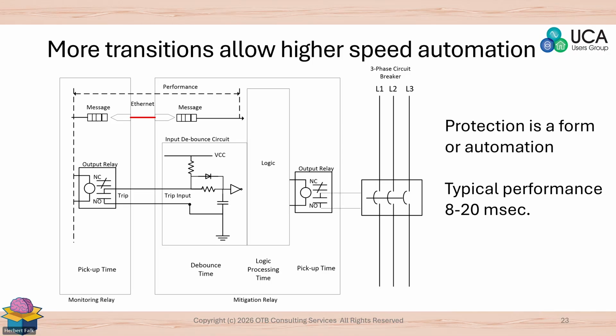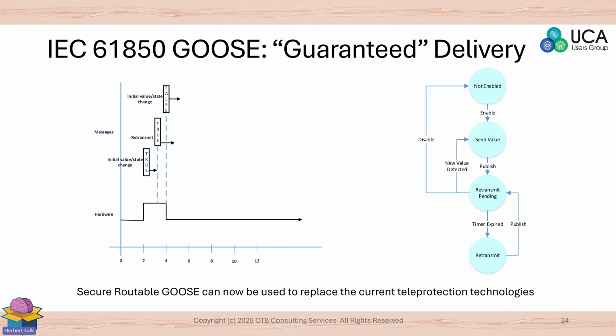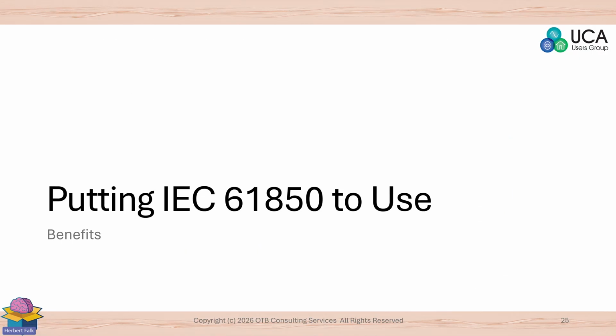GOOSE is guaranteed delivery, and I'm sorry for the email popping up down there. Secure routable GOOSE can also be used to replace current teleprotection technologies. GOOSE is guaranteed delivery because it retransmits the current state.